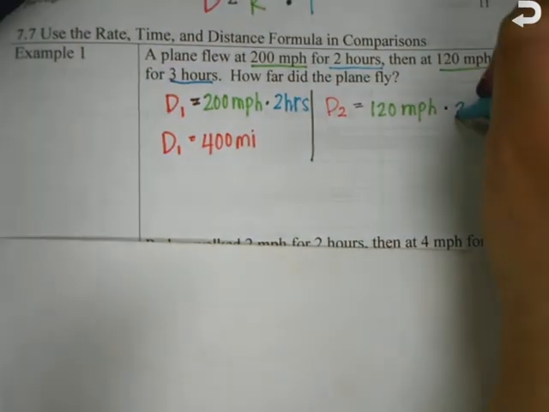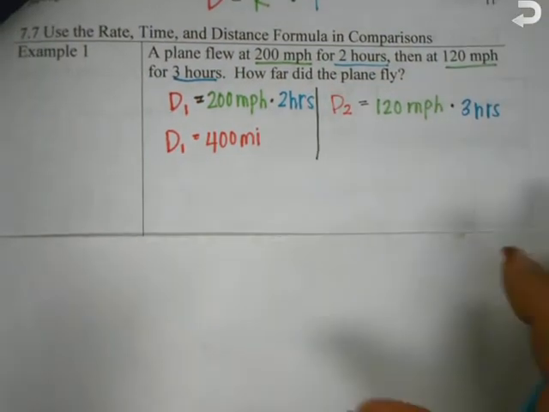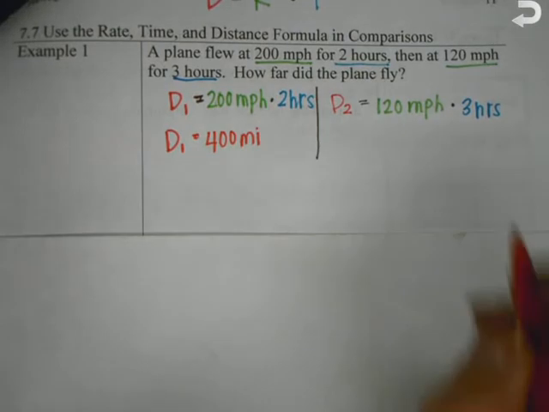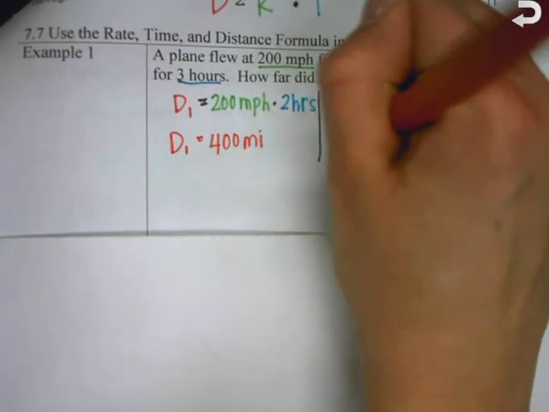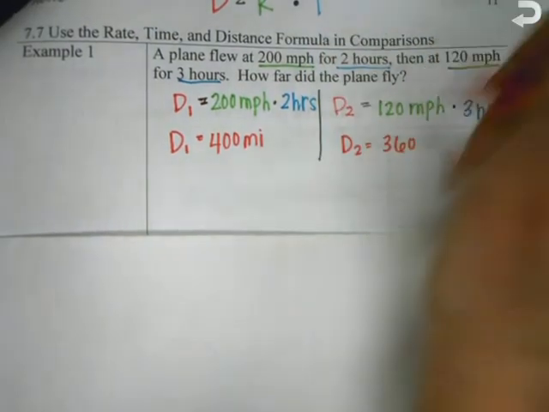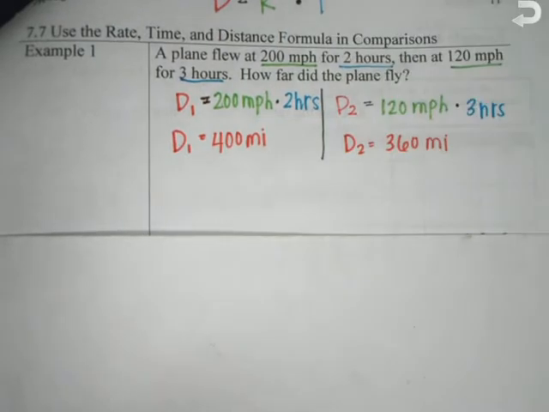So what was the distance for the second part of their trip? 360 miles.